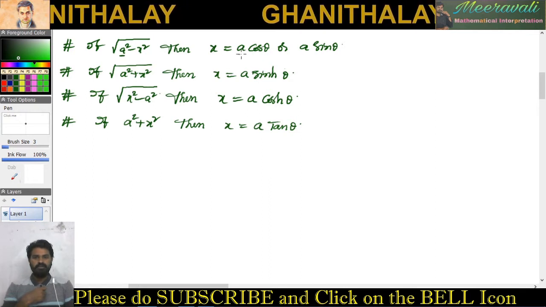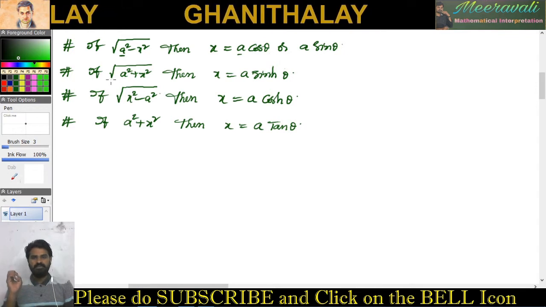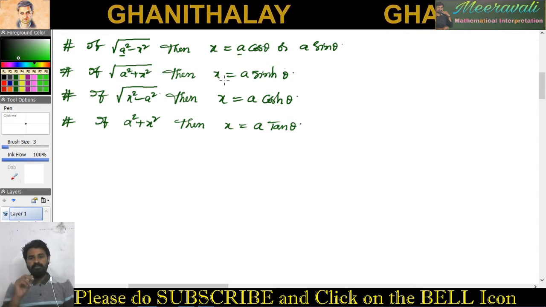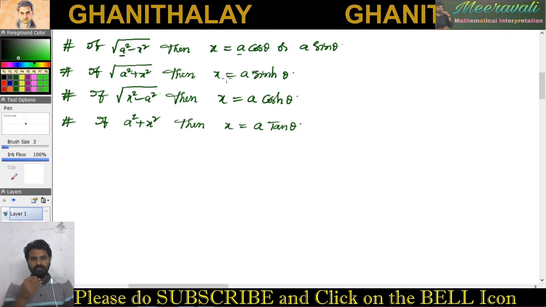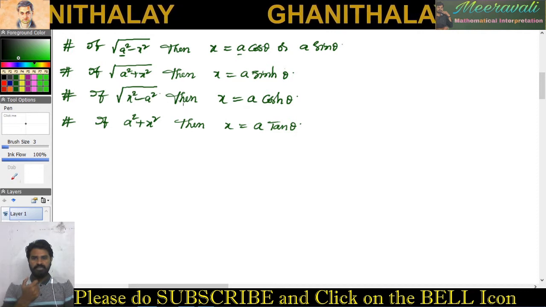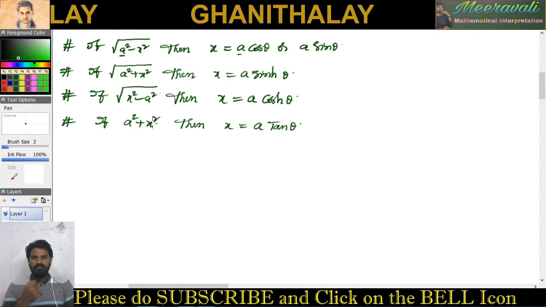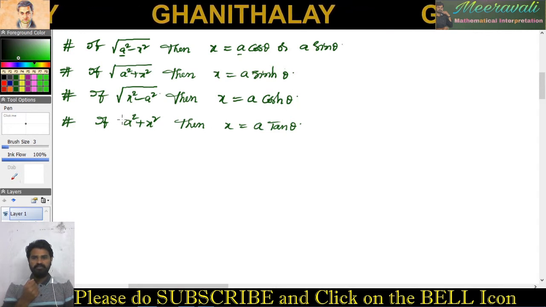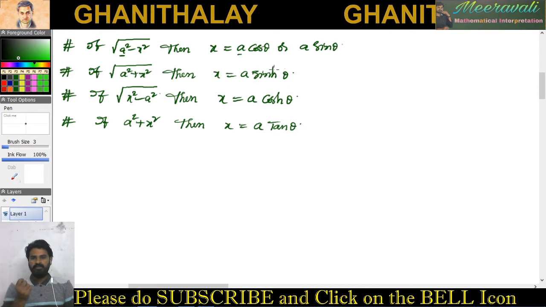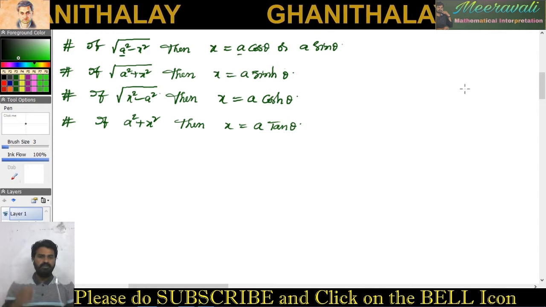Next, if you see square root of a square plus x square, then substitute x is equal to a sinh theta. If you see square root of x square minus a square, then put x is equal to a cosh theta. Now if you see a square plus x square without the square root, then x can be taken as a tan theta. They are the major concepts of the shortcut methods of substitution.